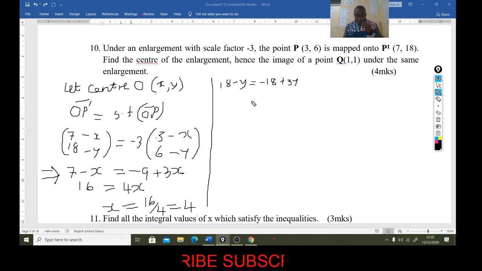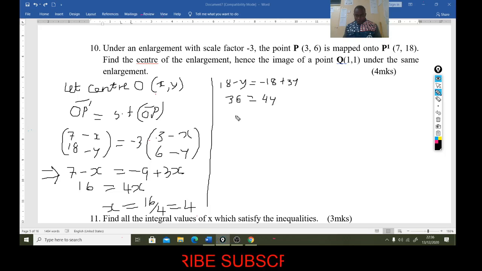From there, I put like terms together. I bring 18 here, it will be added. 18 plus 18 gives you 36. So 36 will be equal to, I bring this to the other side, it will be added to be 4y.